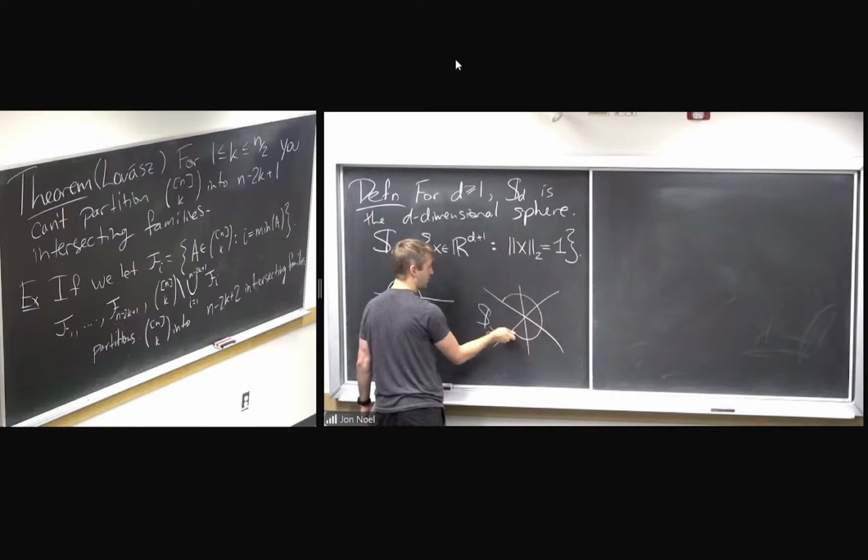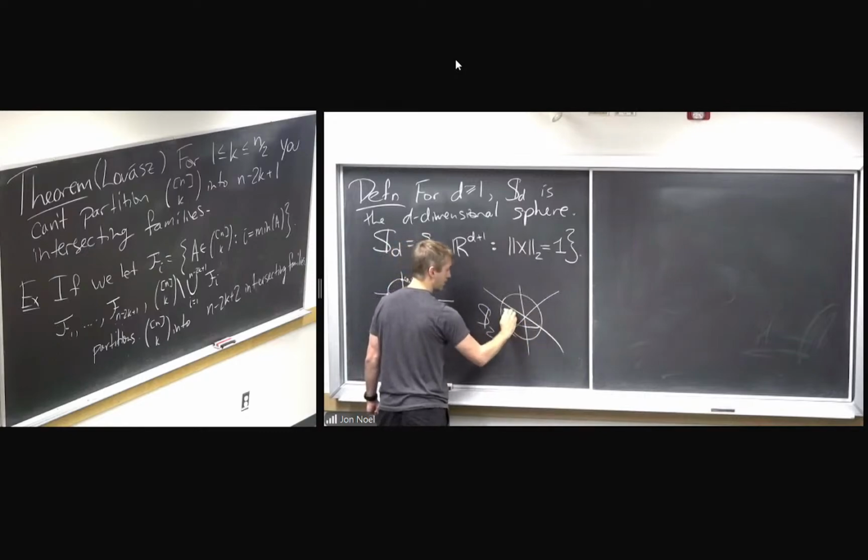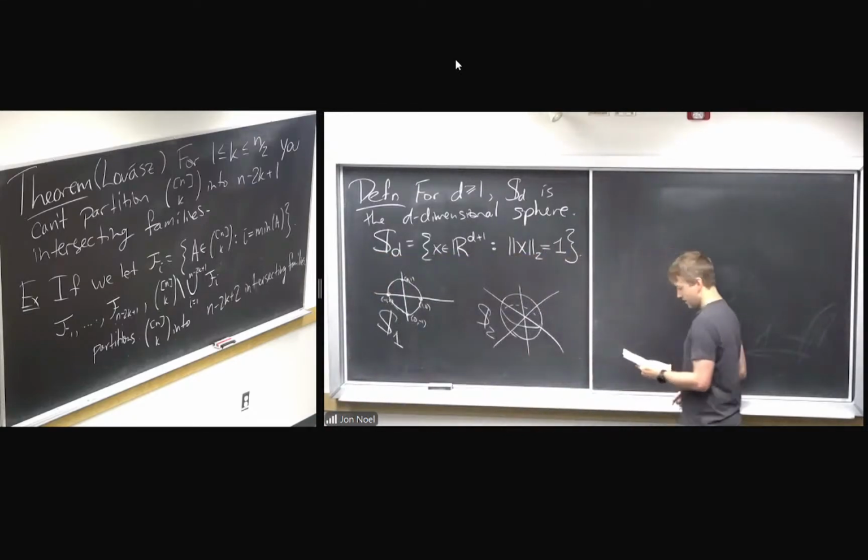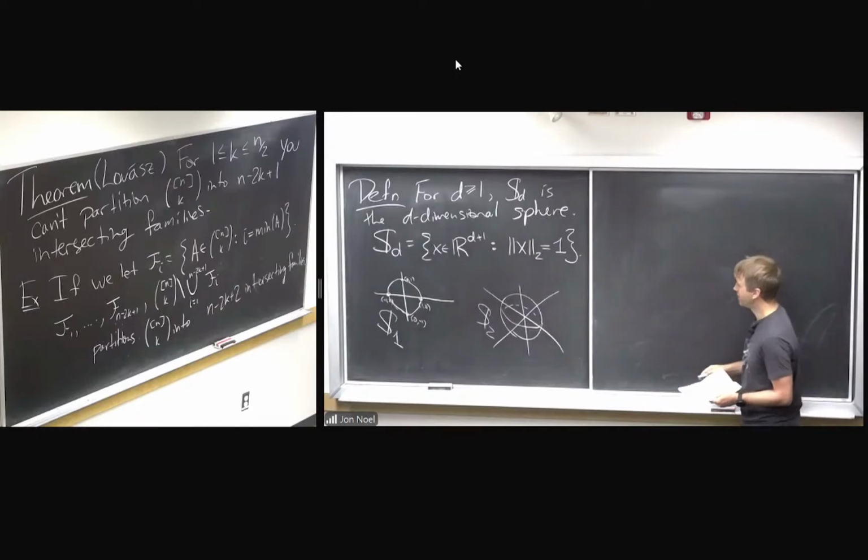It lives in three-dimensional space, but we call it S^2 because you can think of it as a two-dimensional object in some sense, right? S^1 is one-dimensional. It's just a line that goes around the origin. But it lives in one higher dimension, right? Stop me at any point if you have questions.